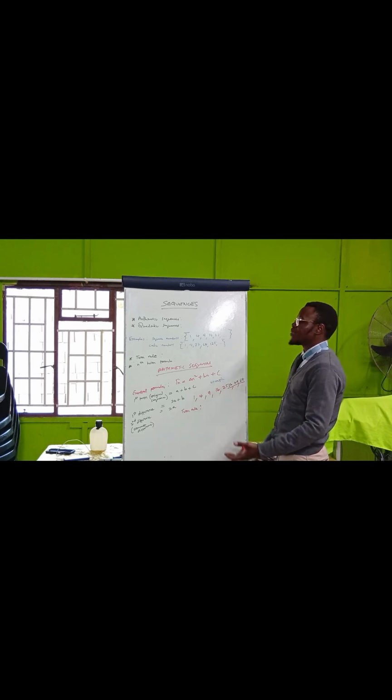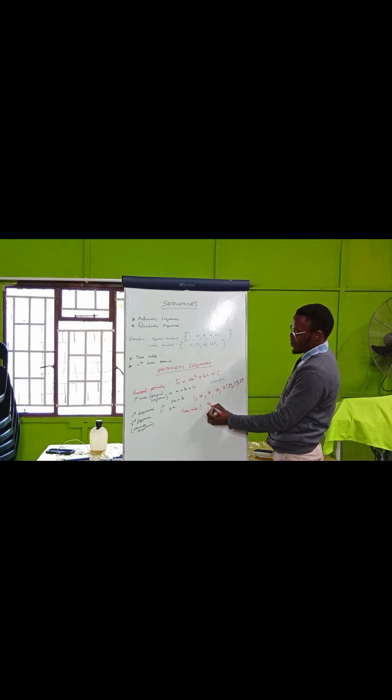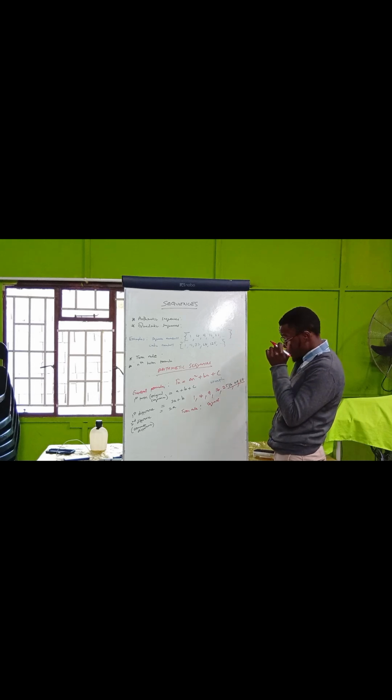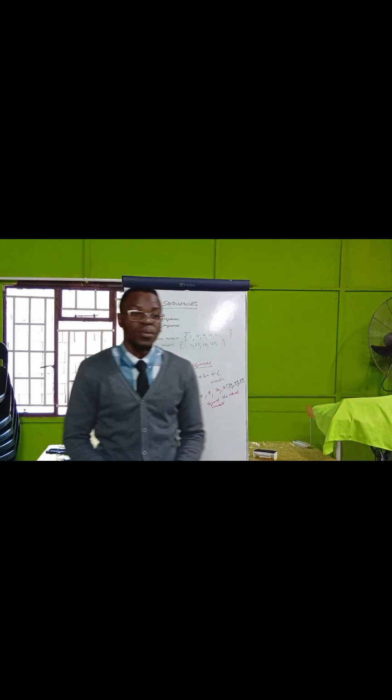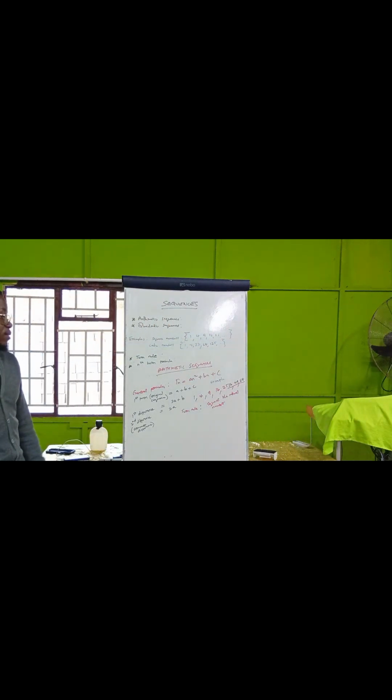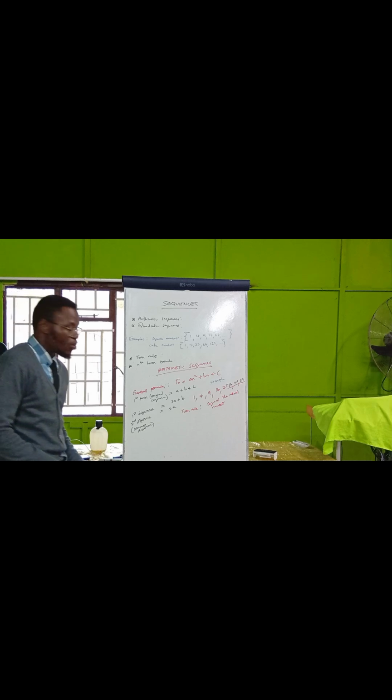It will not be multiplied by 2, just square the natural number. Because these are squares of natural numbers, 1 squared is 1, 2 squared is 4. So just square natural numbers, that would be the rule.